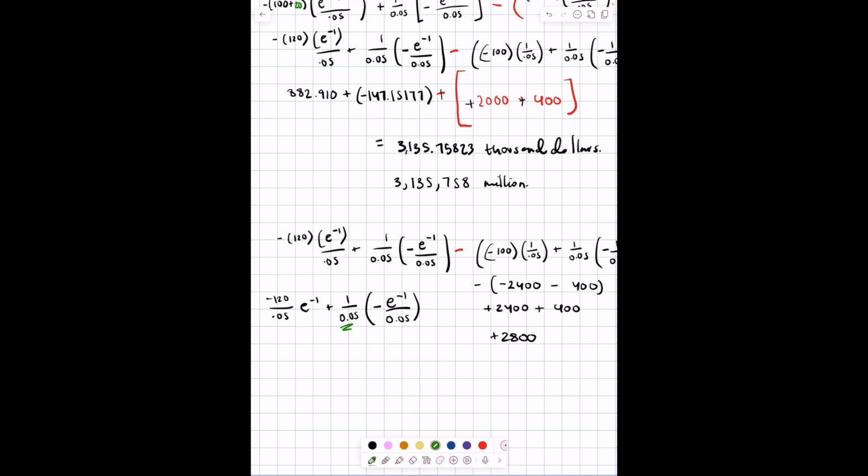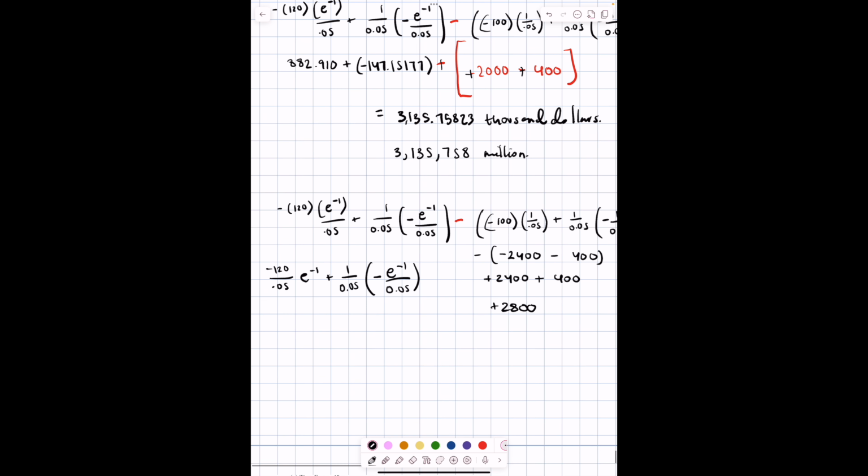Because I wrote it in a way where this one and this one are kind of similar, you can combine them, you can do a common denominator. I need this one to be just like this one. So I'll multiply by 0.05 on top and on bottom.